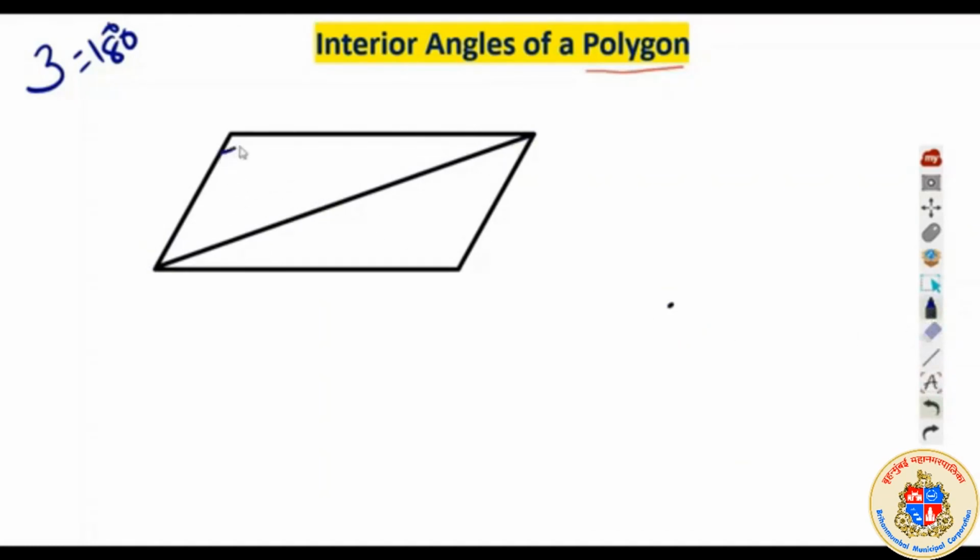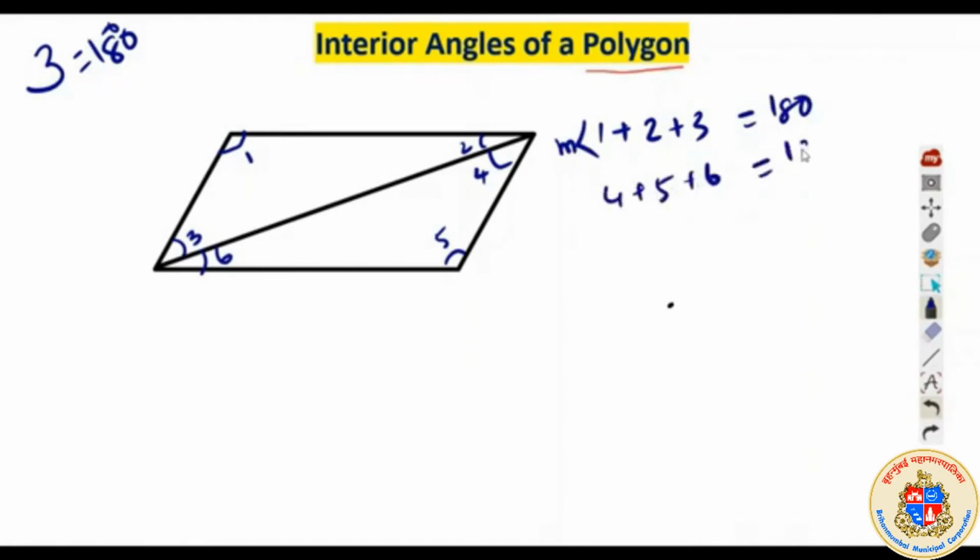Let me name these angles 1, 2 and 3, and these angles 4, 5, 6. I am using numbers to help you understand. We know that the measure of angles 1 plus 2 plus 3 will be equal to 180, and 4 plus 5 plus 6 also will be 180.